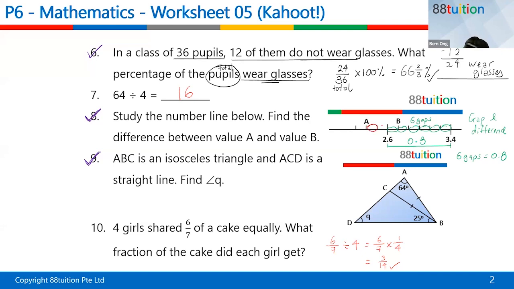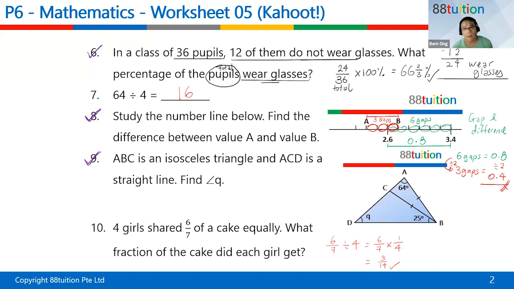How many gaps between A and B only? 3 gaps, right? So children, immediately find 3 gaps. 6, how do you get to 3? Divide by 2. If you divide by 2 down here, you also must divide by 2. The answer is 0.4 lah.